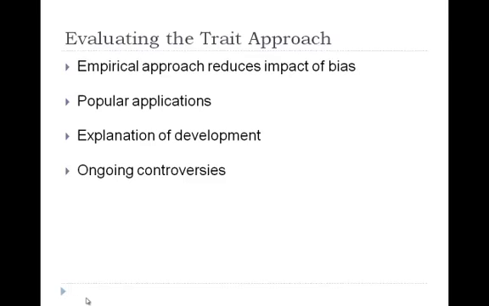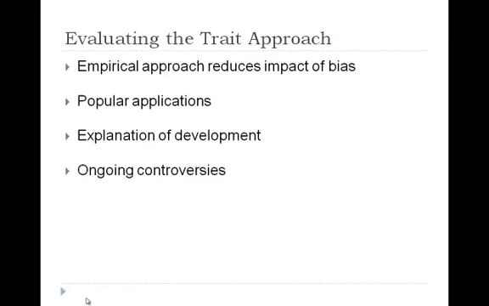But partly because of the ongoing controversy, there's not just this one trait theory. There's a trait approach. So it's not so much a theory as an approach to studying personality, with some guidelines in terms of this dimensional model and reliance on factor analysis. But beyond that, it doesn't look very much like some of the other theories that we've talked about and will talk about. Nonetheless, overall, again, very popular.